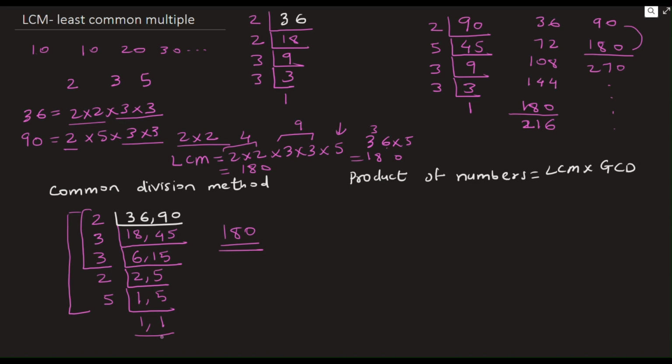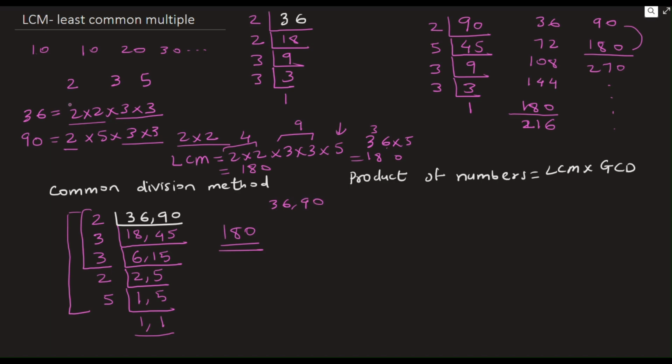Okay, now we can also find the LCM by one more way. We have a formula: the product of the numbers equals the least common multiple times the highest common divisor, or GCD. What is the GCD of 36 and 90?